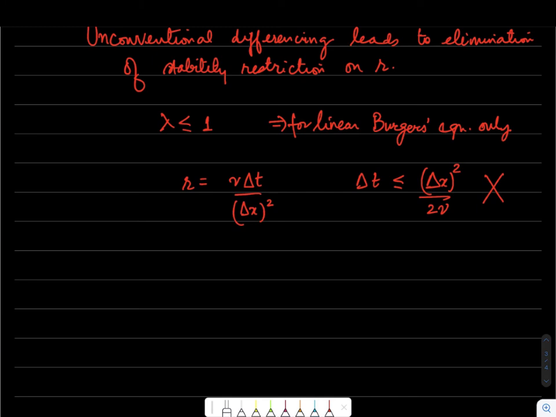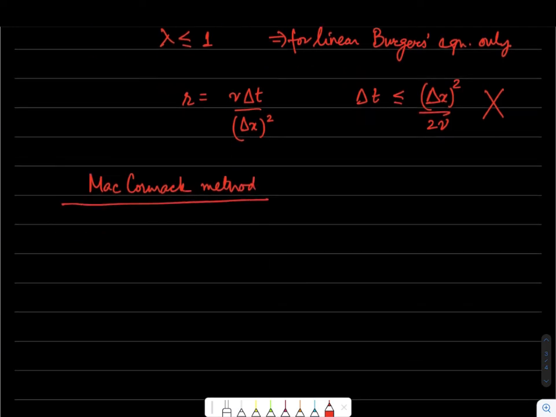The last one that I will discuss in this segment is the MacCormack method. Again, as we did in the wave equation, the MacCormack method will also have two steps, the predictor step and the corrector step.